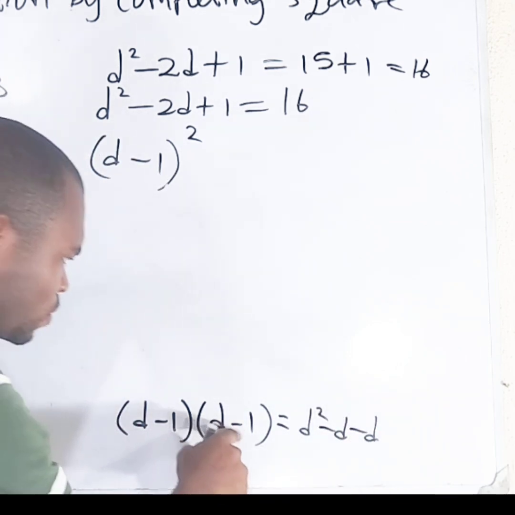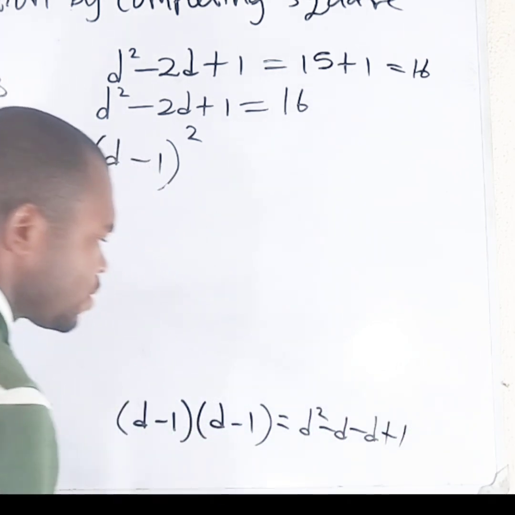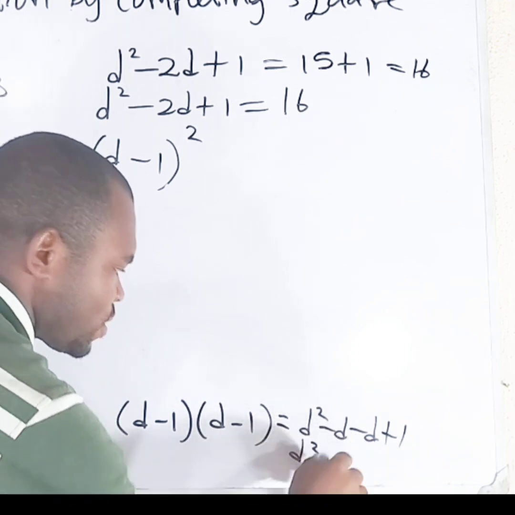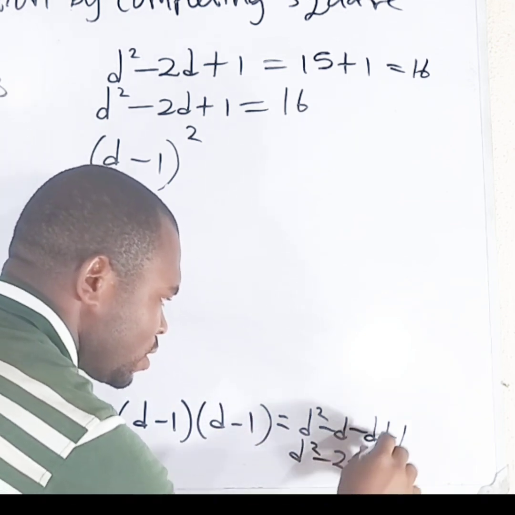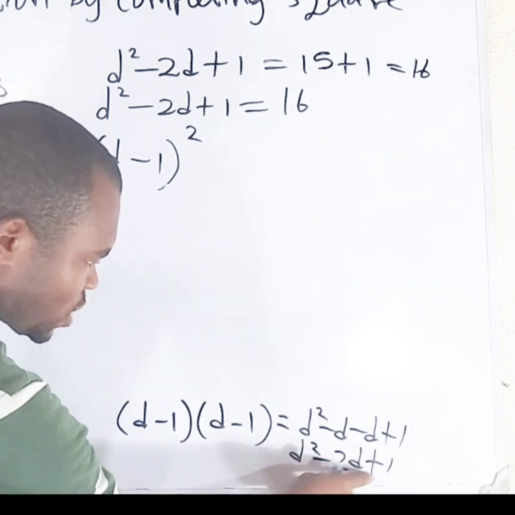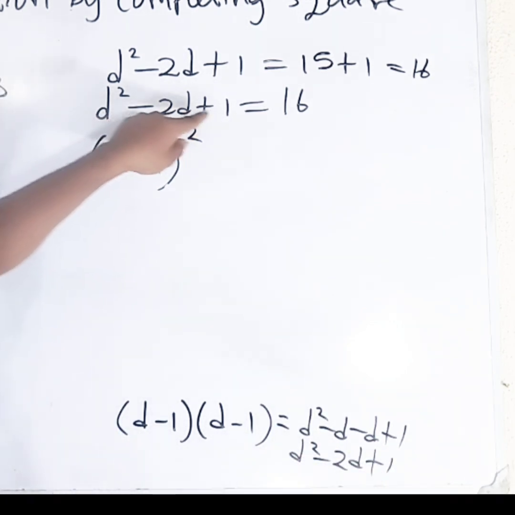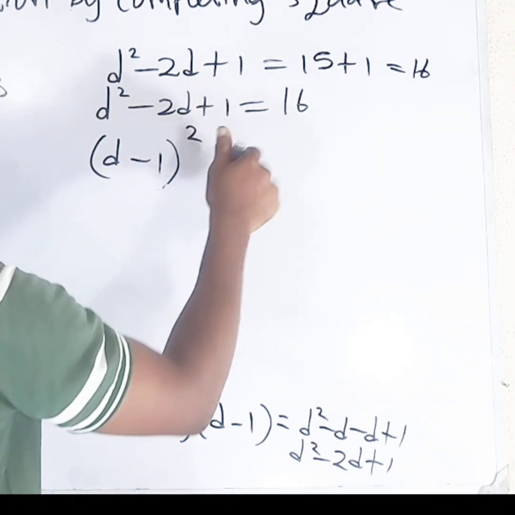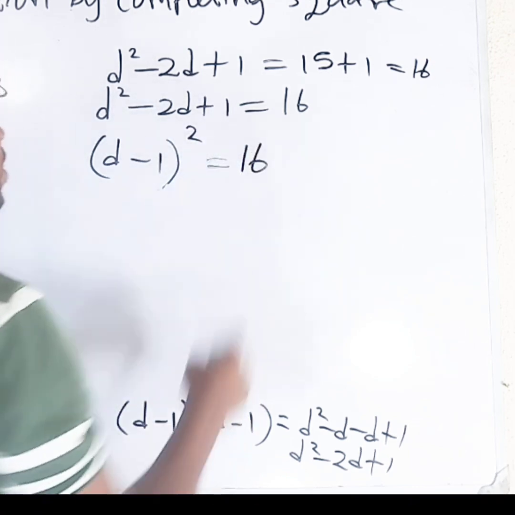Minus 1 times minus 1 is plus 1. Then we have d square, minus d minus d is minus 2d, plus 1. So we have d square minus 2d plus 1, exactly what you have here, which shows that they are equal. Then it is equal to 16.